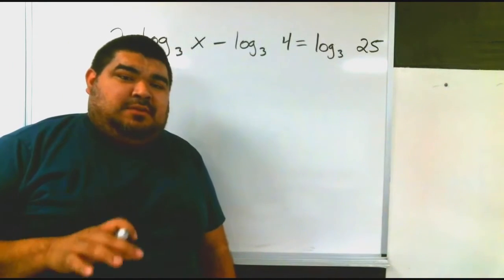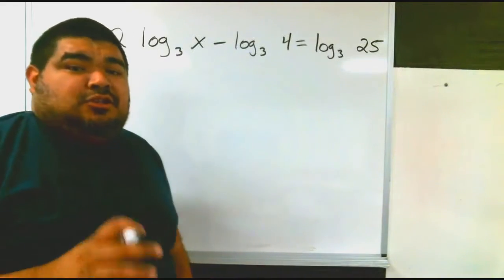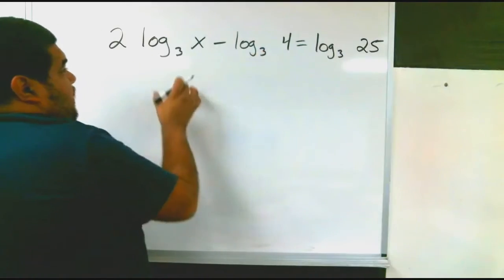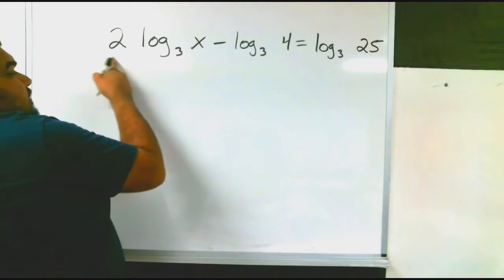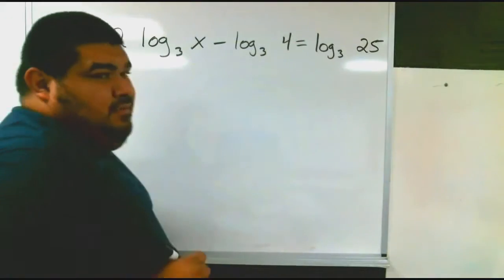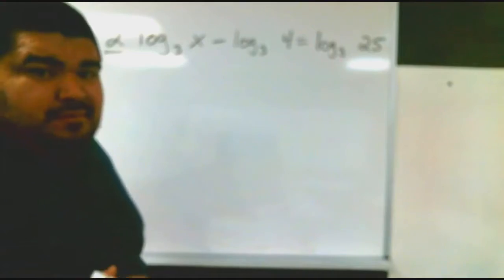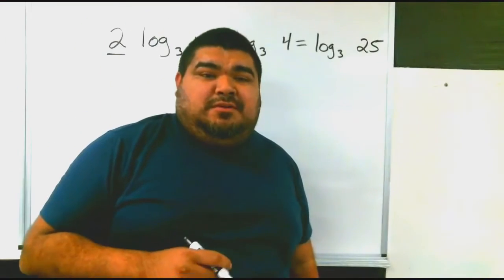The first thing we always have to do is make sure they're all similar. Notice how we have a log of 3, 25, log of 3, 4, but here we have this 2 in the front of the log. So we have to get rid of that 2, if you remember from the previous video.